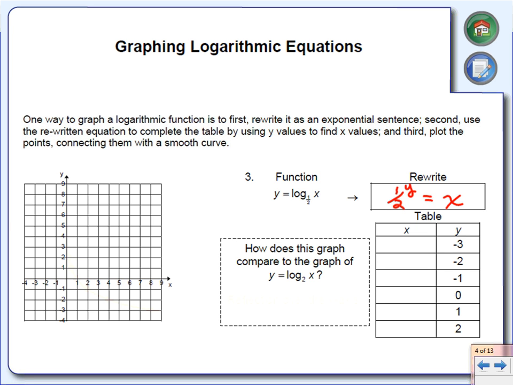So with your calculator, let's type in 1/2 to the negative 3 power. It's 8.